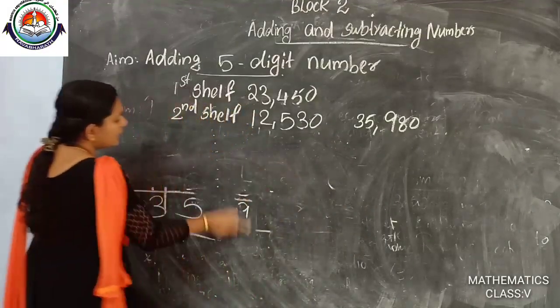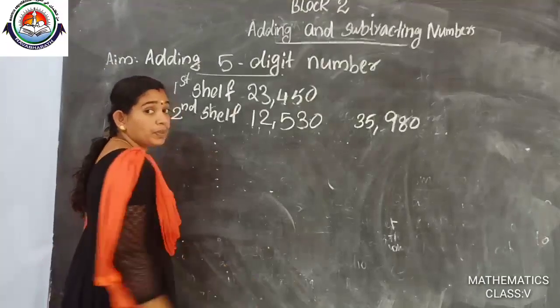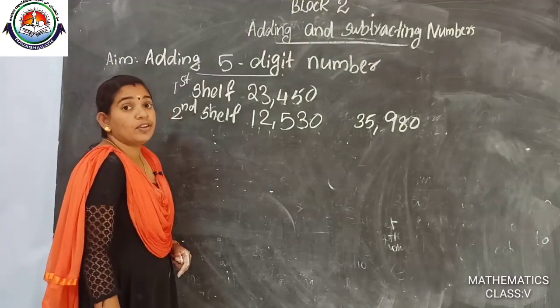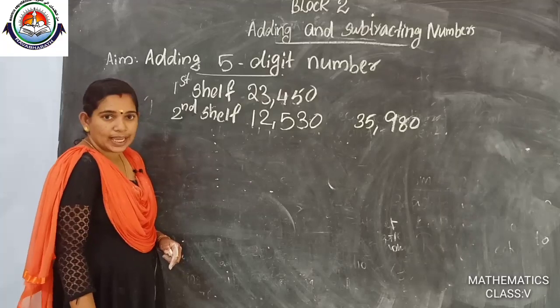So how many chocolates are in that shop? 35,980 chocolates are there. Okay.